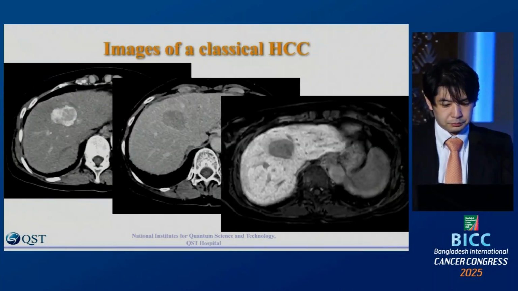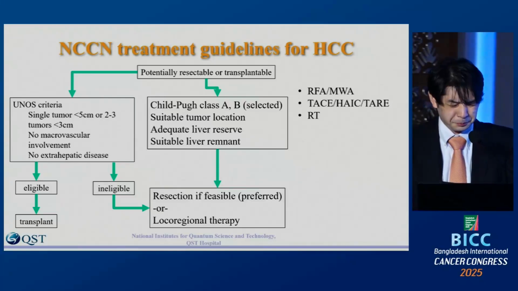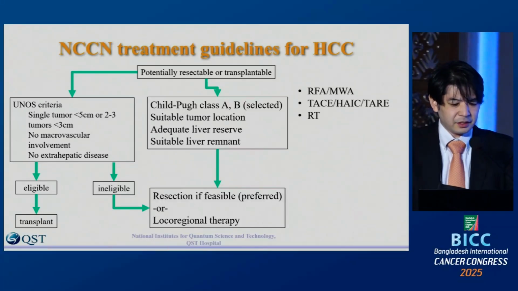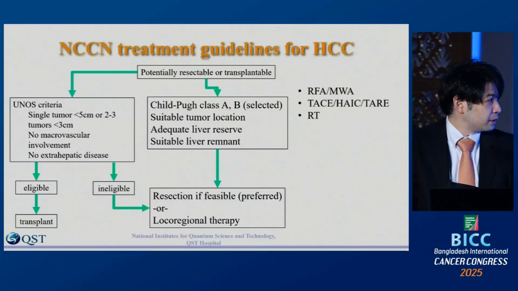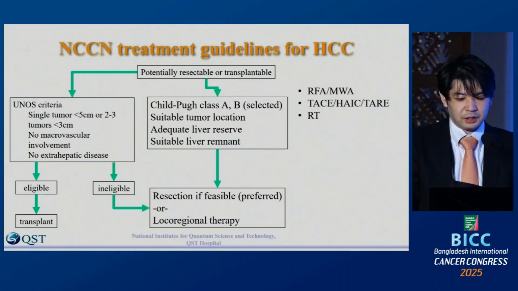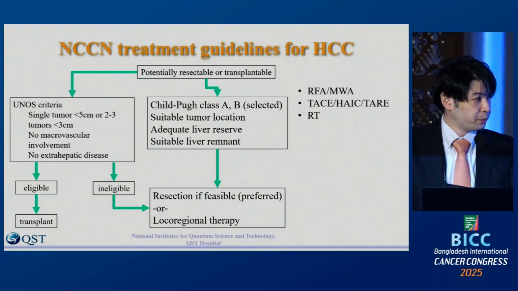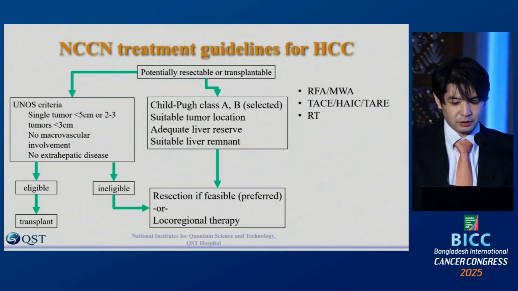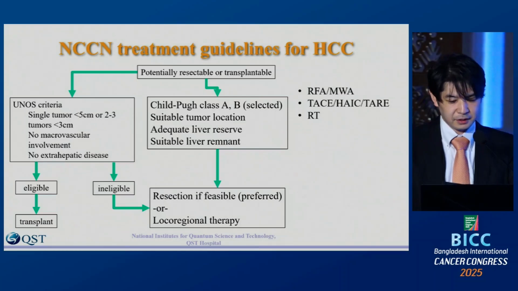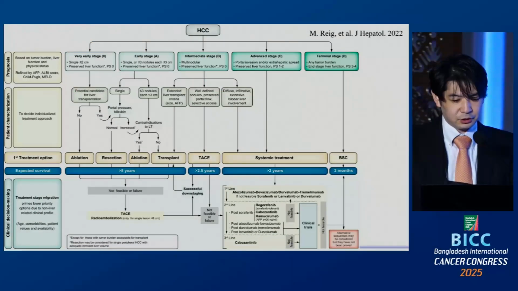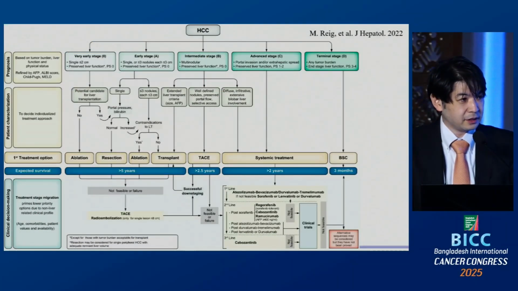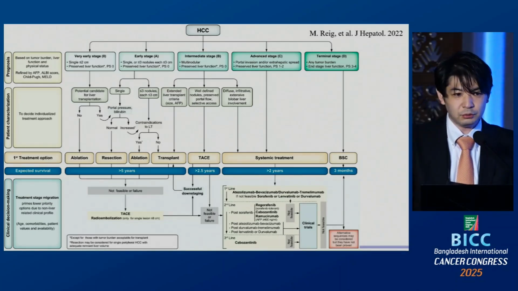The thing is that in the NCCN treatment guidelines for HCCs, there is minimal mention of radiotherapy. This is also so in the BCLC guidelines, which have been updated, I think 3 or 4 days ago.